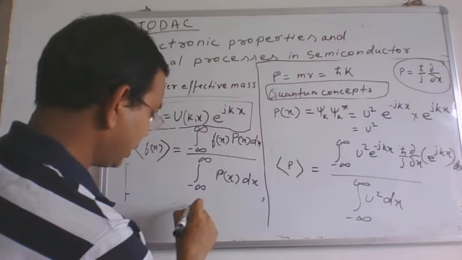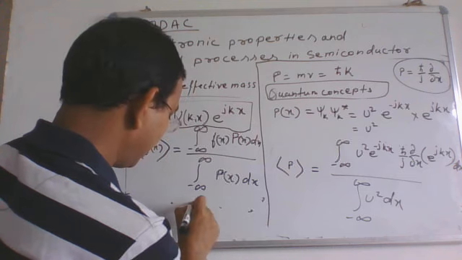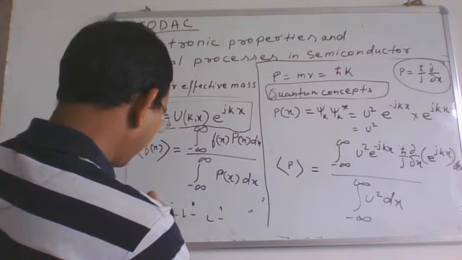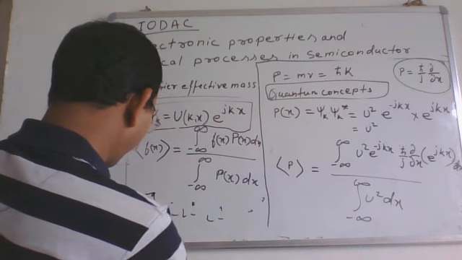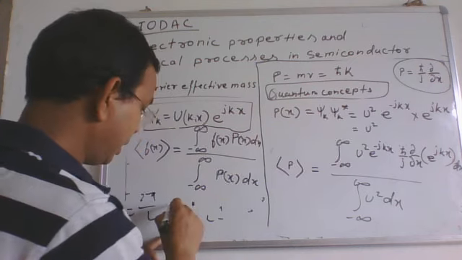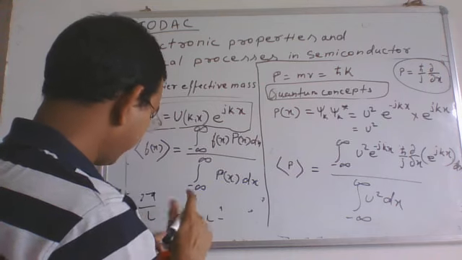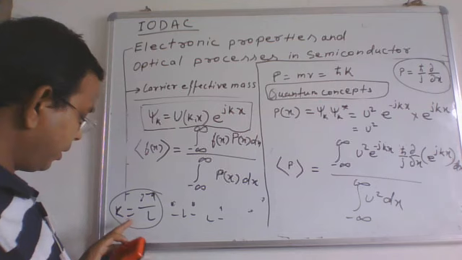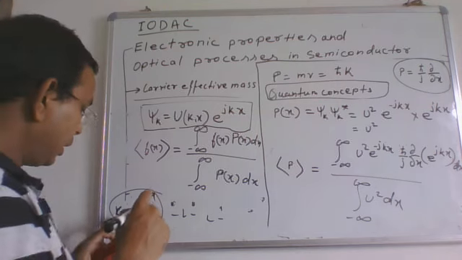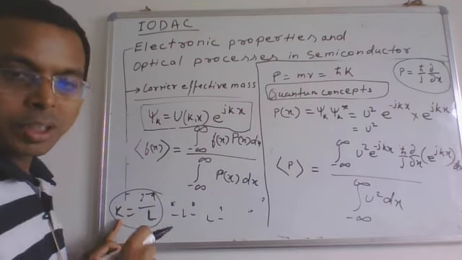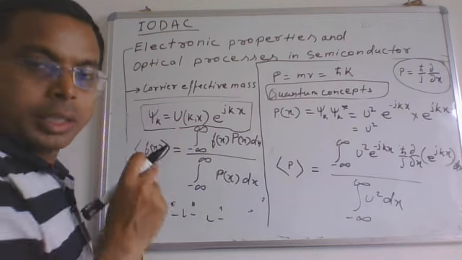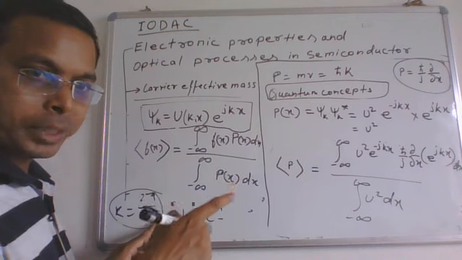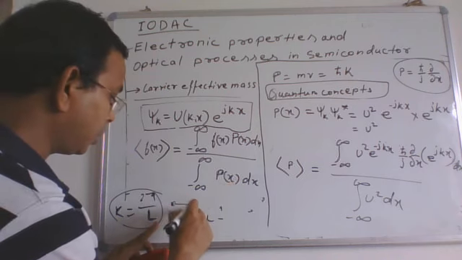So if this is the crystal situated at a distance of L between crystal points, then 2 pi by L is the k vector, and the electron wave constant is k equal to 2 pi by lambda. So k is the propagation constant or wave vector of electron, where k is defined by 2 pi by L in one space, where L is the distance between the two crystal points.